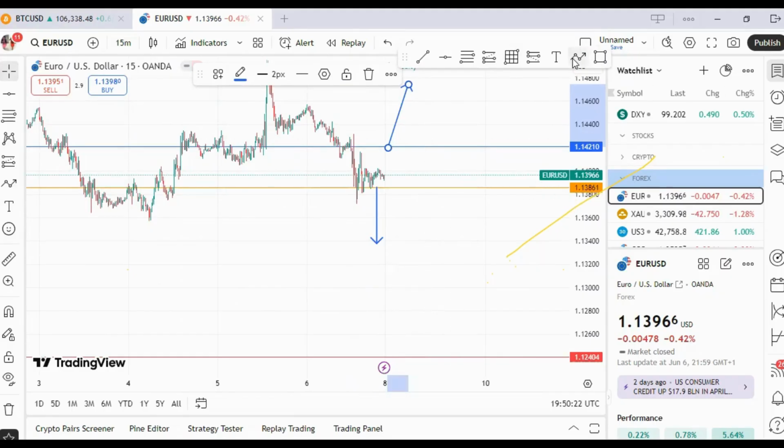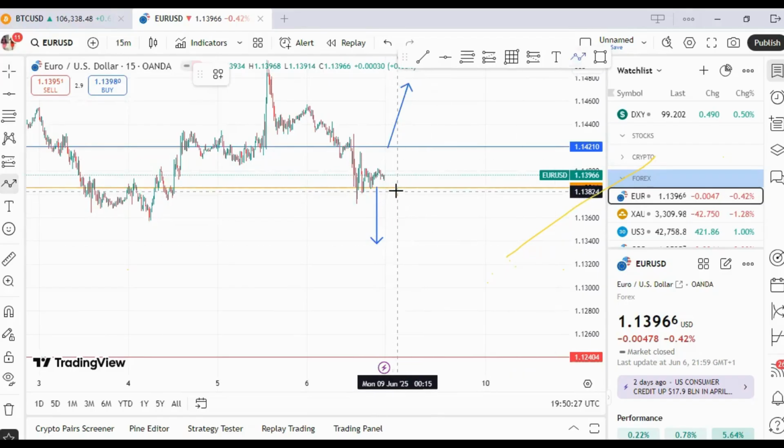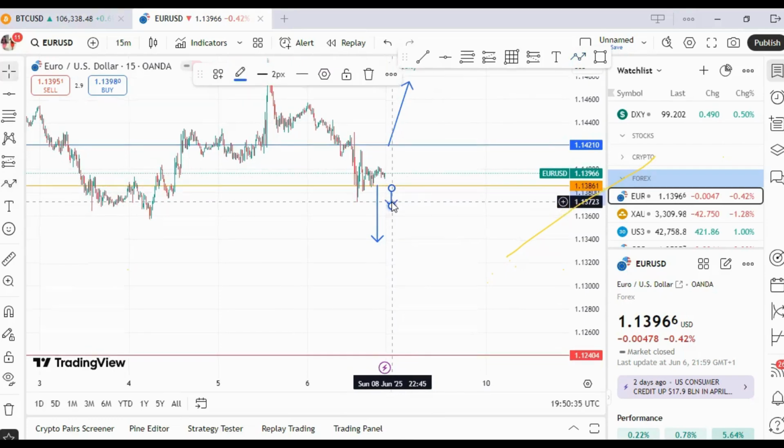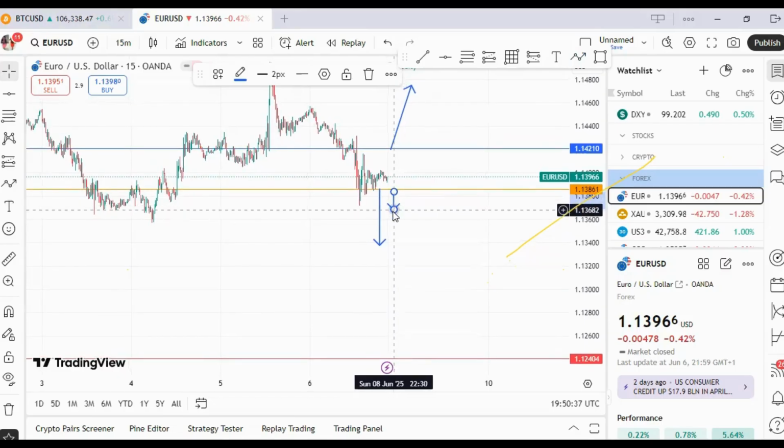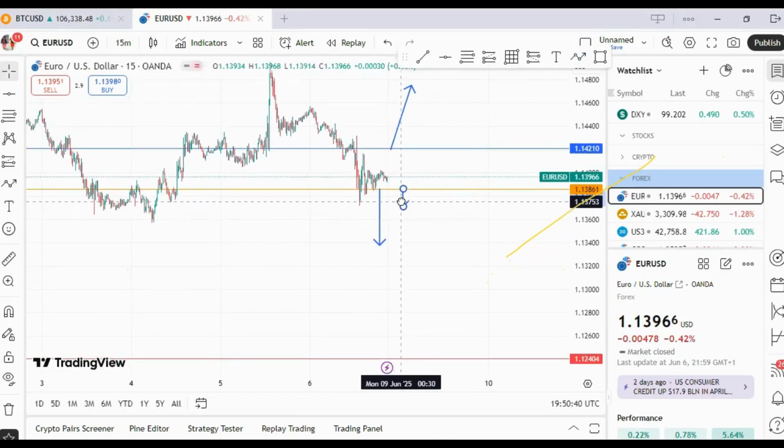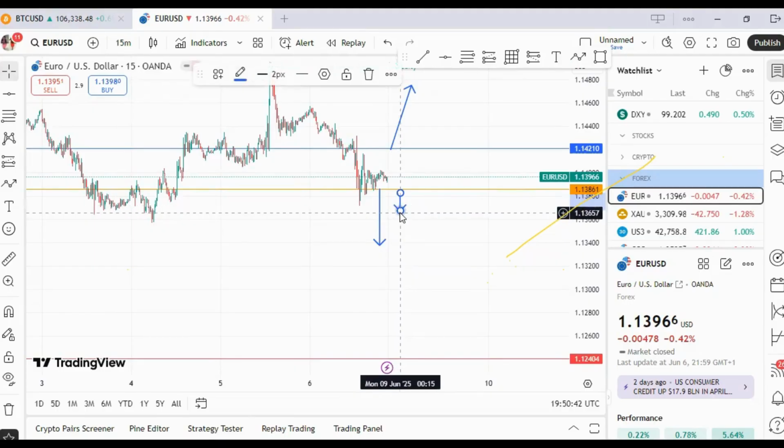Once it breaks, you don't just jump in. That is why I said a break and close. Sometimes you might get a false breakout. Except maybe it's news that creates an imbalanced candle, you wait for your candle to close.